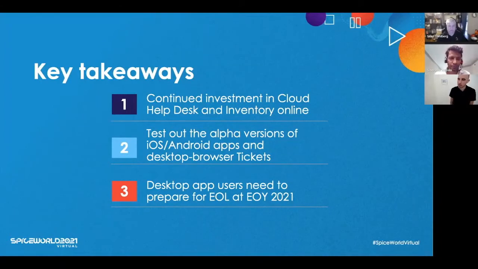We talked about a lot of things today, trying to wrap us up here, and then also have one more little tidbit for you at the end. So I think the high level points are that we're continuing our investment in the Cloud Help Desk and Inventory Online, and you can see more of the specifics of the Cloud Help Desk investments in the other session. We've covered a lot of the Inventory Online stuff here, so that's one of the key takeaways.